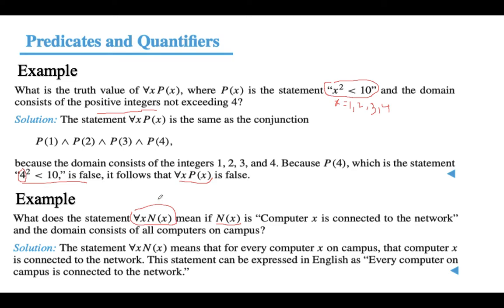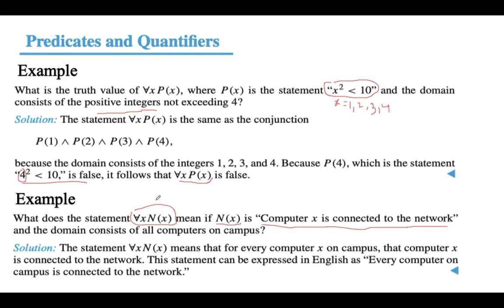In simple words, again we see this. The statement with the quantifier is for all x N of x, and this N of x is the statement computer x is connected to the network.